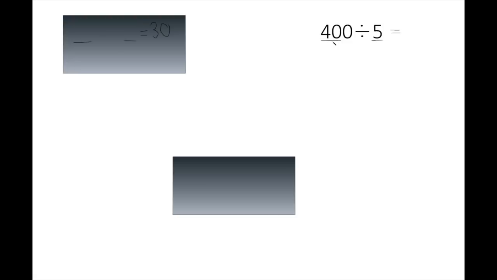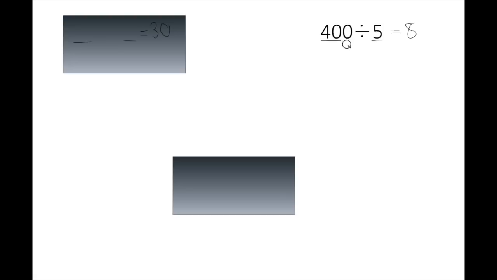So 5 times what equals 40? Well, 5 times 8 equals 40. But remember, we have to look at our zeros trick. And we have to look at however many zeros are on this side have to also be on this side. So we're ignoring what we've already underlined. That's why we need to get in the good practice of underlining our things. So how many more zeros do we have?